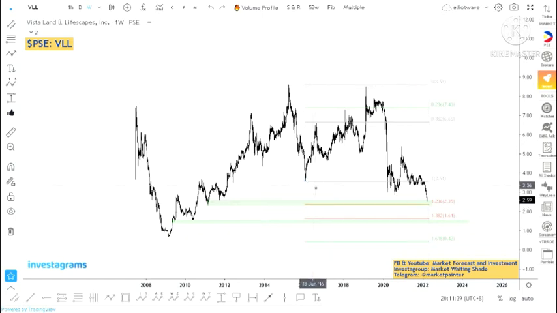In this area we are plotting the Fibonacci levels, and our impulse is directed downwards, so this is the target, or the lowest of the impulse, and the origin is at the all-time high around 8 pesos.